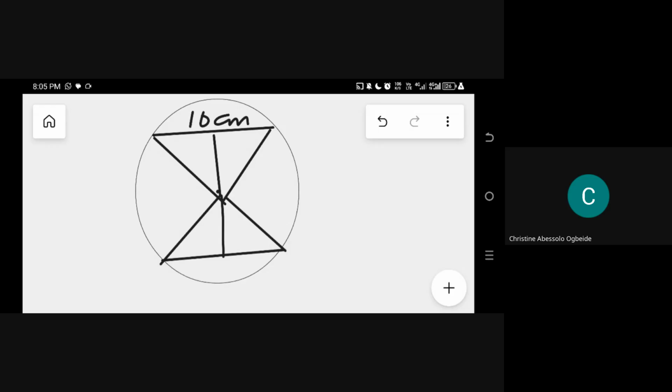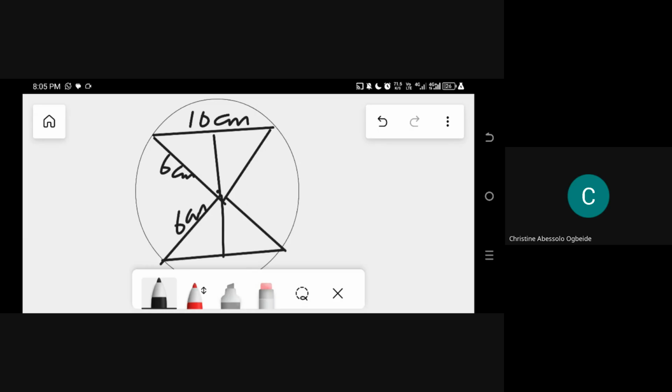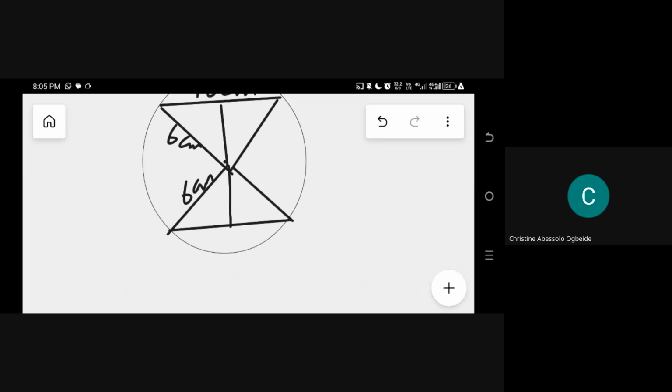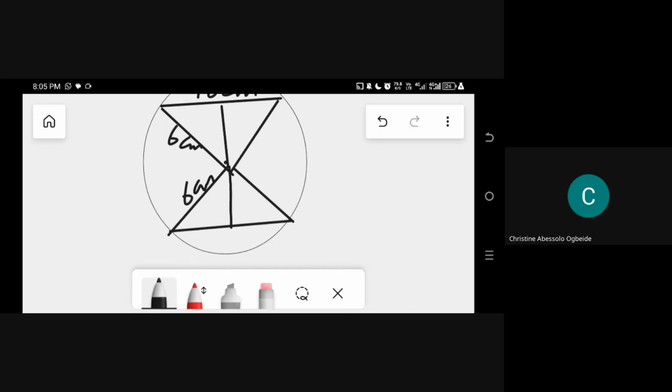Let's say this is 10 centimeters. Let's say this is 6. No, give a radius instead: 6 centimeters. Then at this bottom, that was 10. So let's say here is 8.